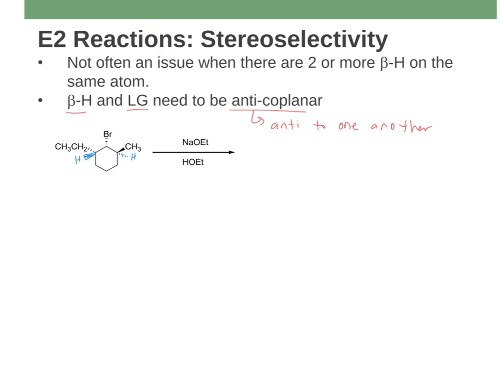And so if I draw this molecule out in its chair, so I'm going to put it in a chair. And for me, let's just call this carbon 1, 2, 3, 4, 5, and 6.